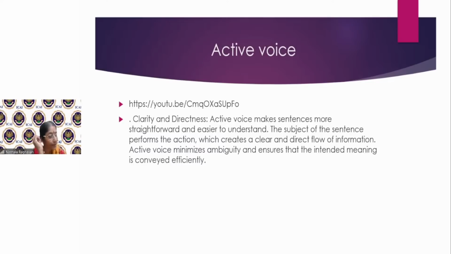What is the difficulty in passive voice? It is a bit long winding. Therefore, many mistakes might creep in when you use a passive. Unless it is a report where you definitely need to use a passive voice, active voice is recommended all the time, especially when you write your answers. It has to be very direct. So clarity and directness is given by active.